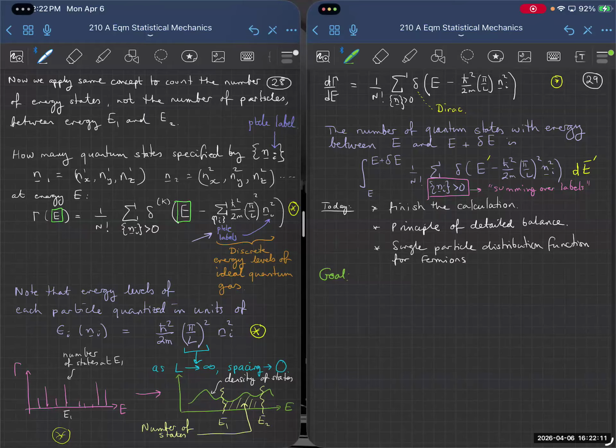Okay, so now what we're going to calculate is this formula for gamma of E or d gamma by dE.